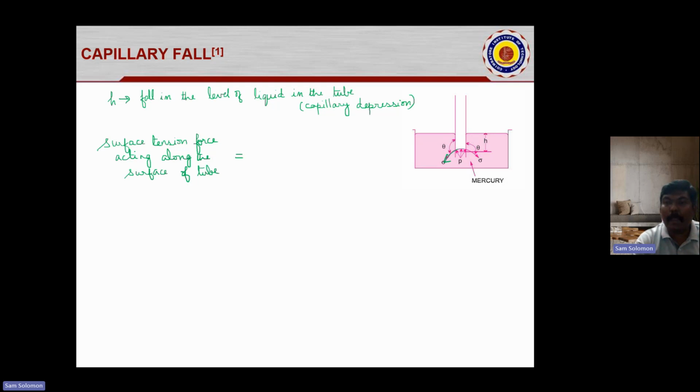So this has to be counteracted by an upward force. And you can see that this is the intensity of pressure. And what is this intensity of pressure? This is nothing but the hydrostatic force, which we'll be learning a little bit later. Probably in the next video lecture, we will look at that. So this is the hydrostatic force, which is acting in the upward direction.